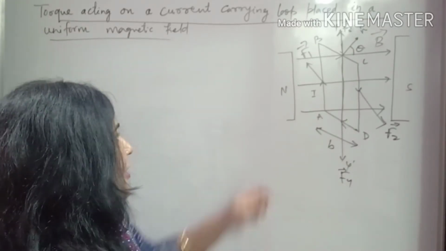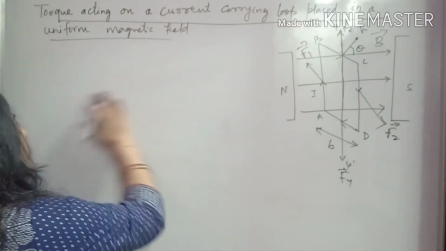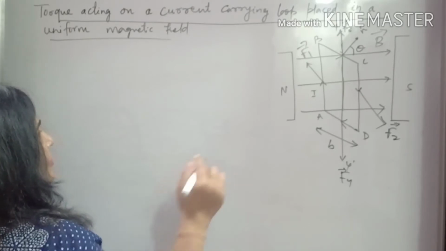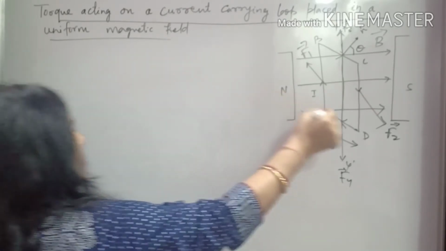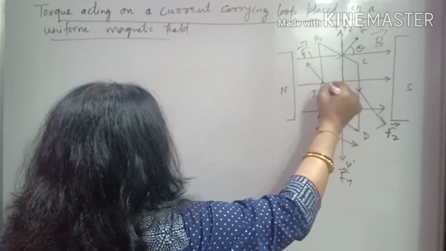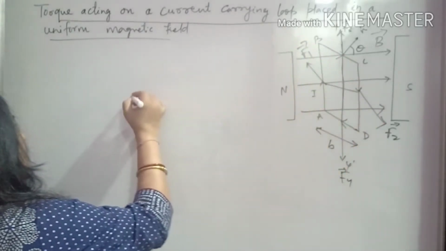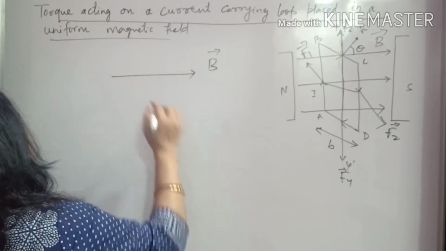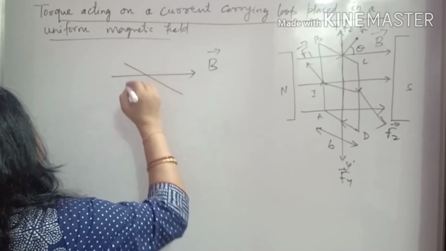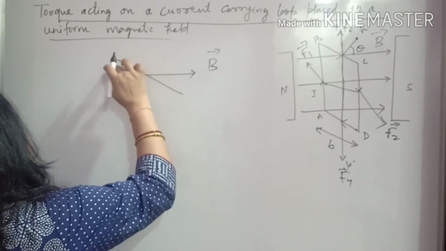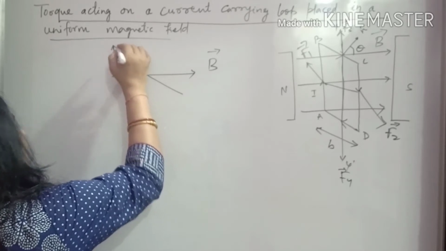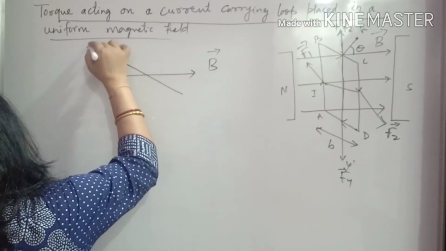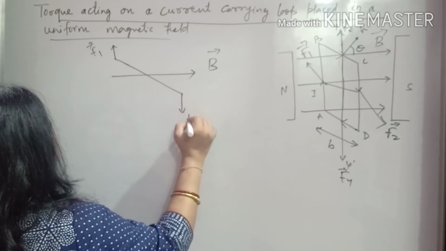Now if I draw its side view, here you can see the two forces we got, F1 and F2. Let's suppose this is the direction of the magnetic field, and the two forces are acting this way. This is one force which is F1 and this is the other force which is F2.